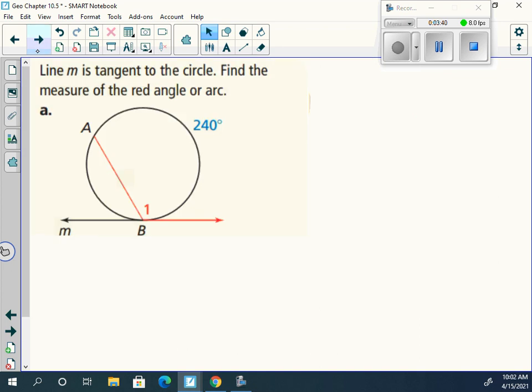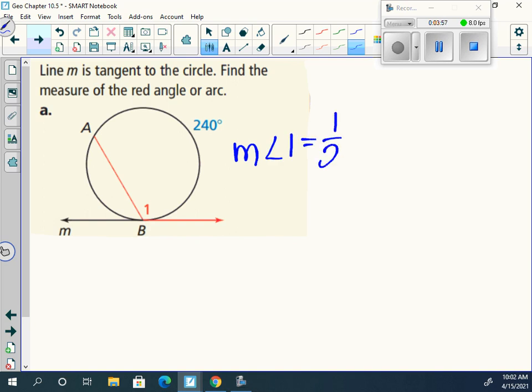So let's look at the next one. This time I'm wanting to find angle 1. Well, we know that this angle is equal to half the measure of the arc. Well, the arc is 240 degrees. So the measure of angle 1 is going to be 1/2 of 240.